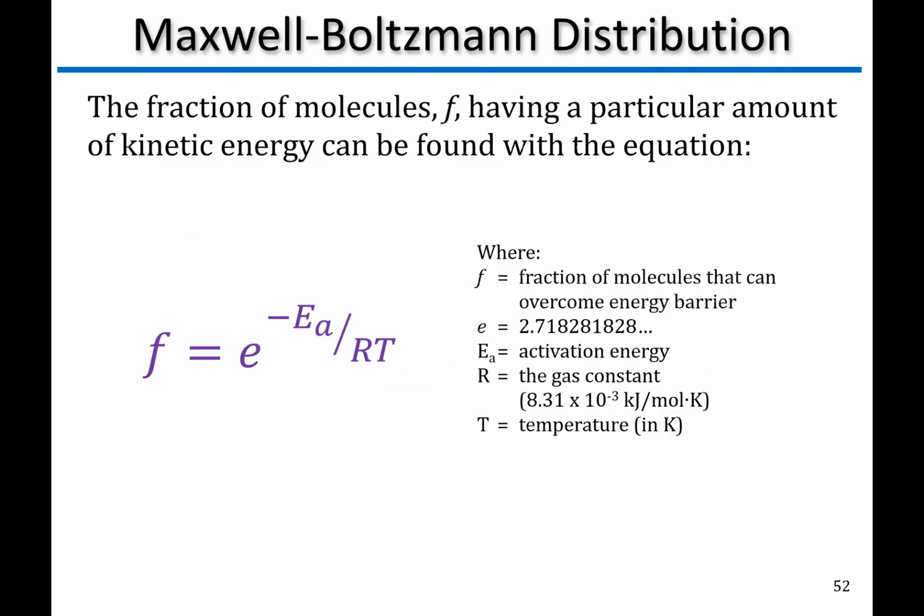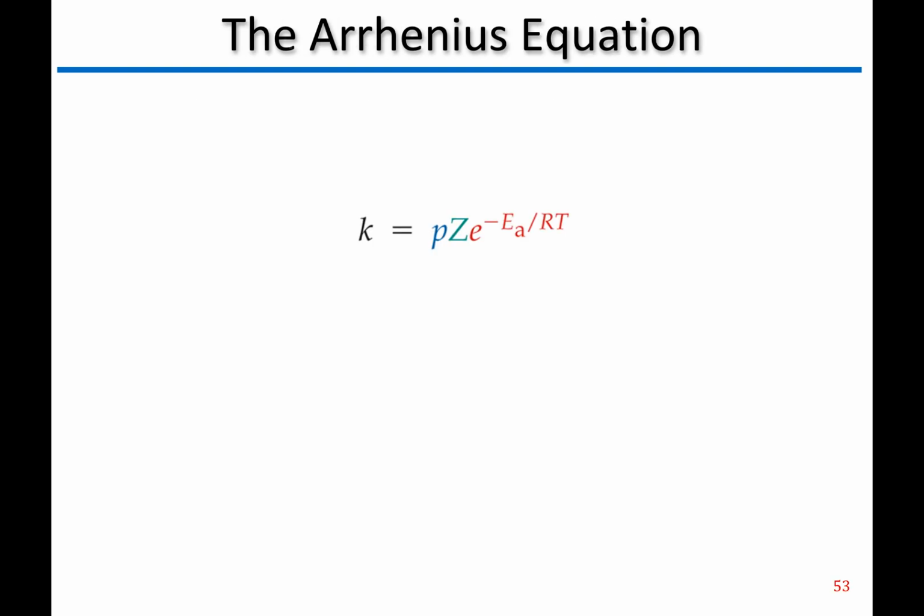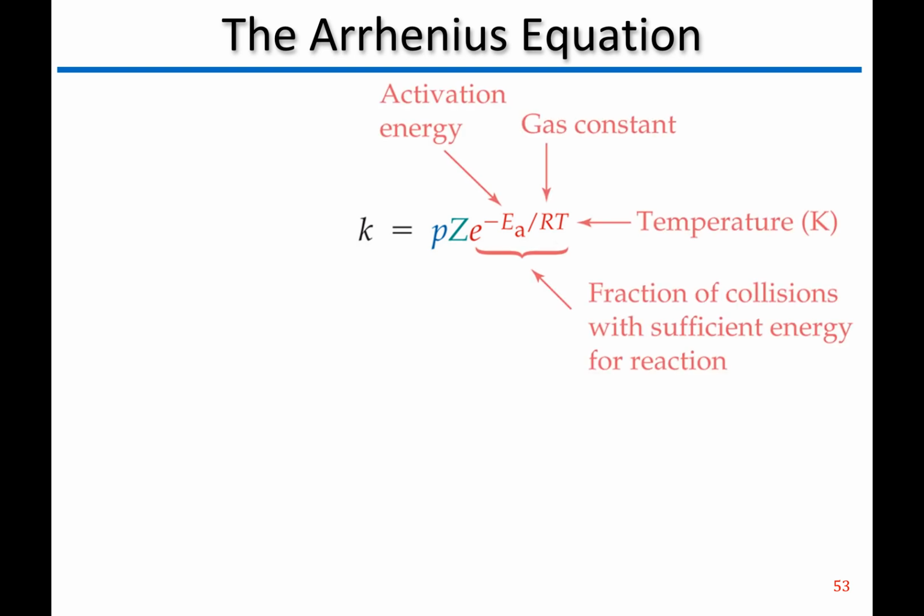Okay, and I'm going to skip over the Maxwell-Boltzmann for now, and I want to jump to the Arrhenius equation, because I think this is important, and it's sort of where all of these ideas come into one place. So everything built into K. So our constant is made up of a lot of terms.